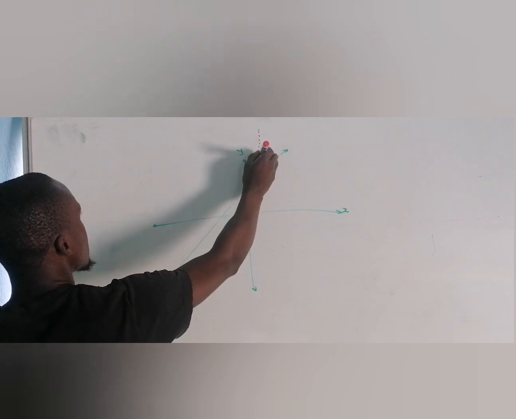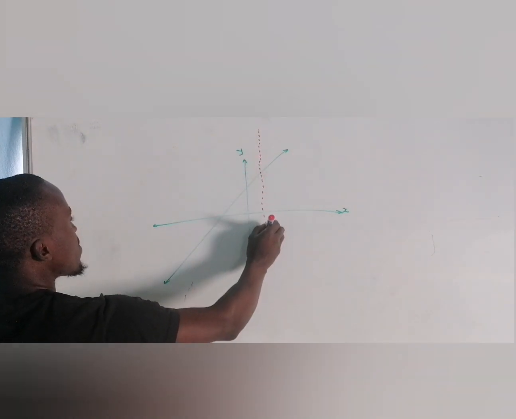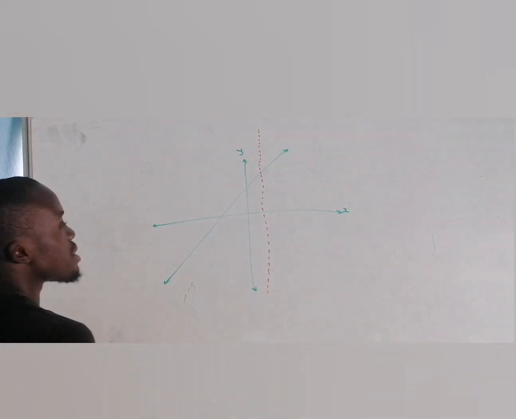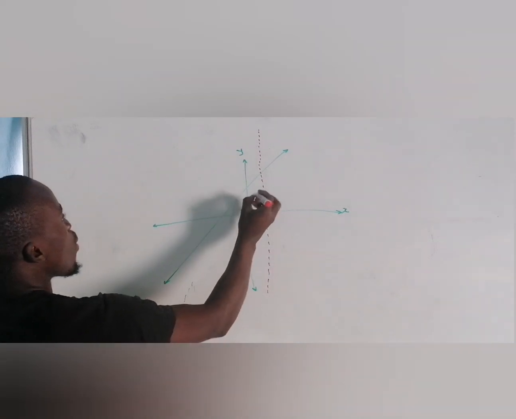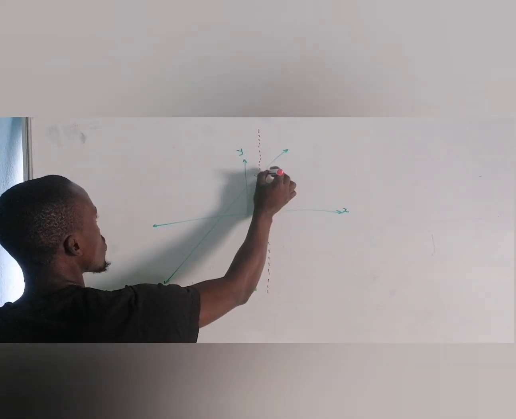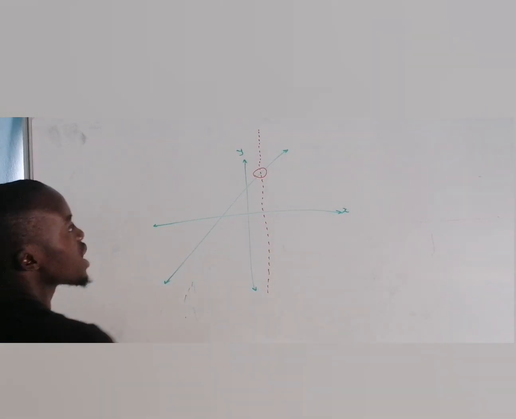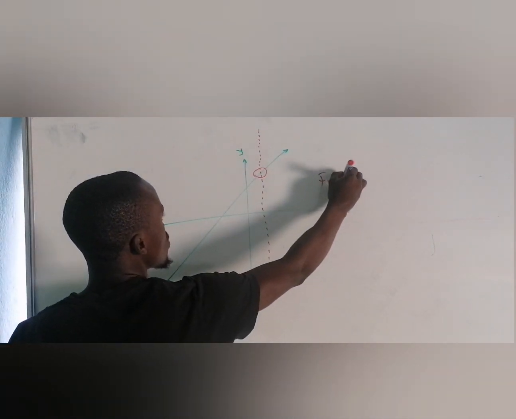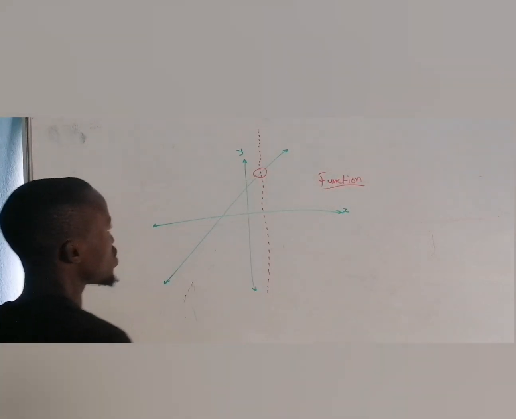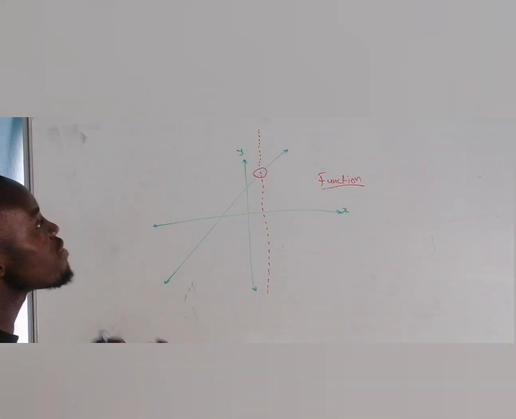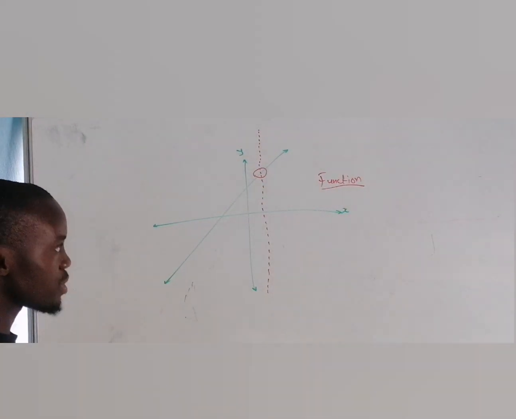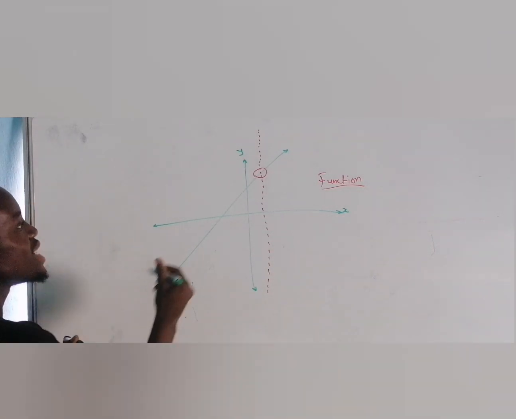Remember, a vertical line test is used to determine if a graph is a function. When the drawn vertical line touches the graph once, it means the graph becomes what? It becomes a function. So this graph is a function. But what type of function is this graph representing? That is when we will use a horizontal line test.